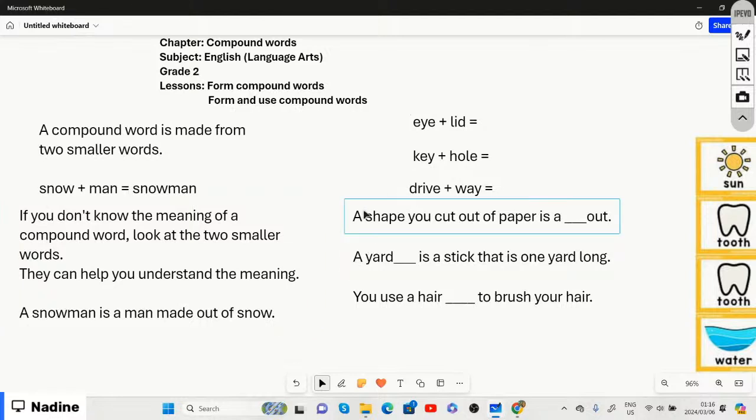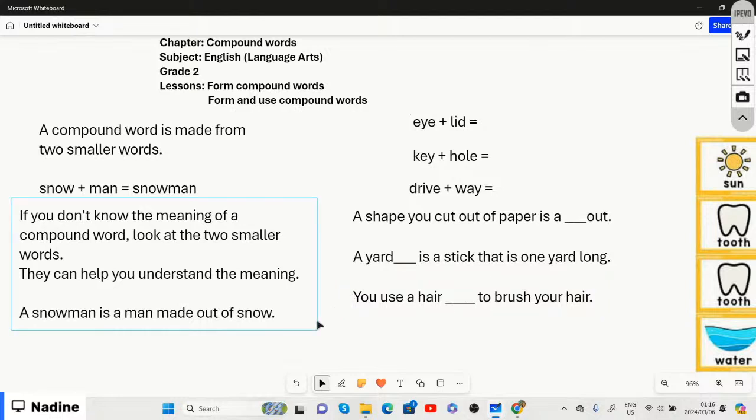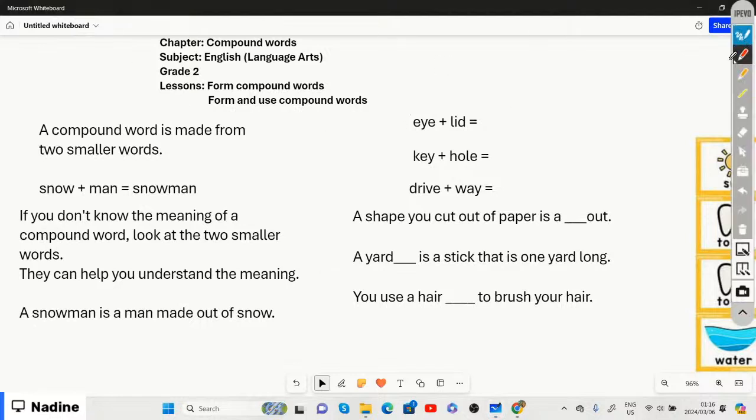What is eye plus lid? If we put those two words together, what word will we get? Eye plus lid is eyelid.